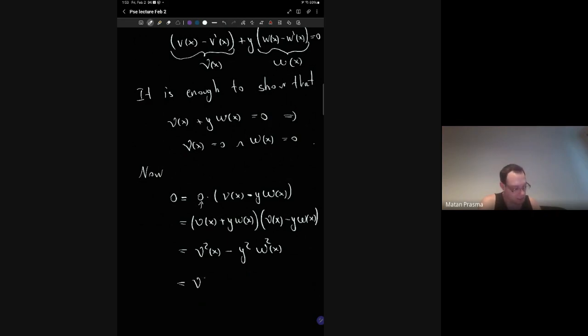which again is like I can replace the y squared. So this is nu squared(x), let's say plus minus s(x) omega squared(x), where s(x) is x cubed plus ax plus b.